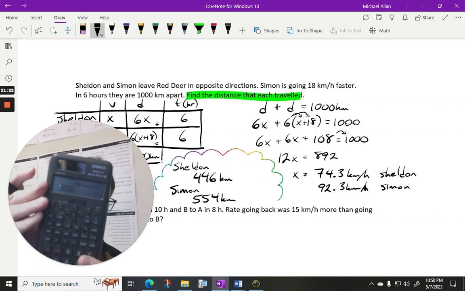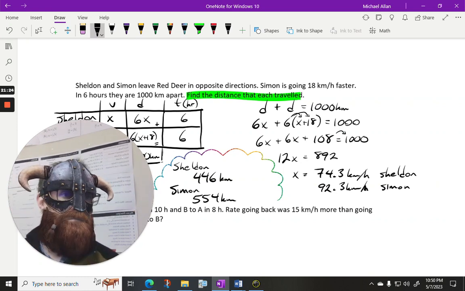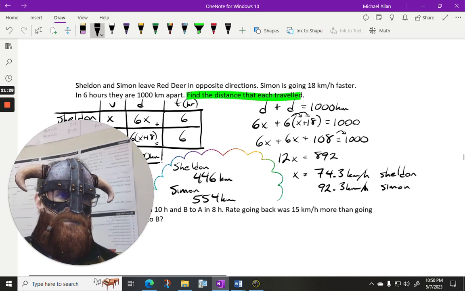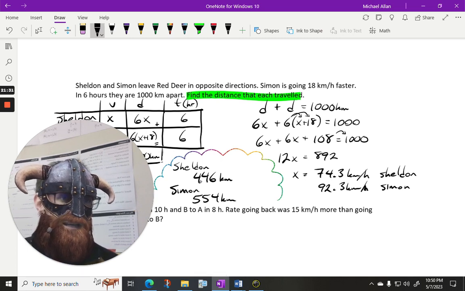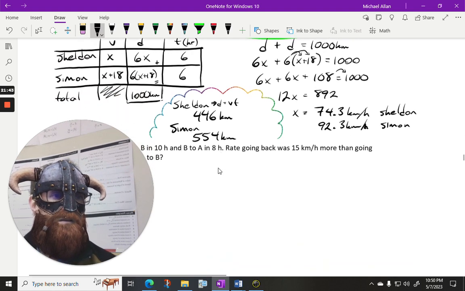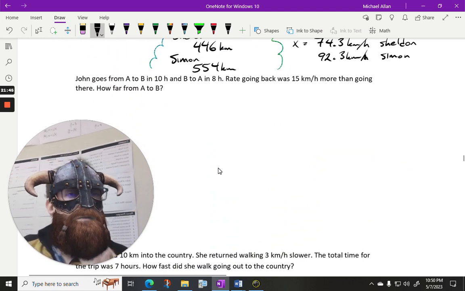You don't see it. 1,000 backwards. There you go. Perfect. So remember, all I'm doing in these two steps here is I'm just taking d is equal to v times t, right? So taking the velocity that we have here, these velocities here, the speeds, and times them by the 6 hours. Cool.